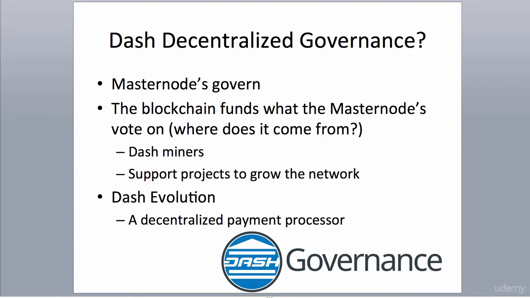And moving back a little bit, when talking about decentralized governance, if you compare Dash to Bitcoin, the governance is drastically different. Bitcoin is controlled mainly by miners, so there's not really any major growth aspect for evolution, so to speak.